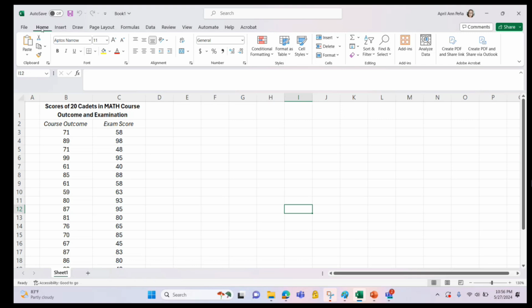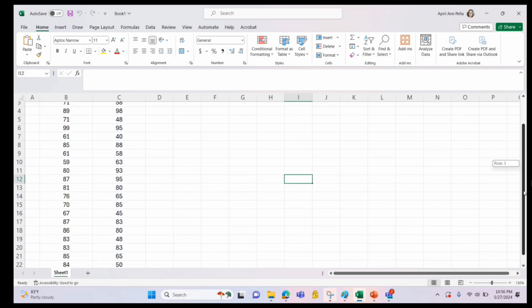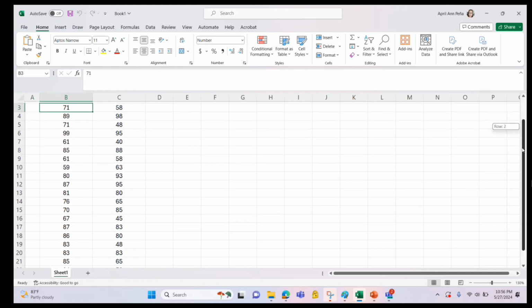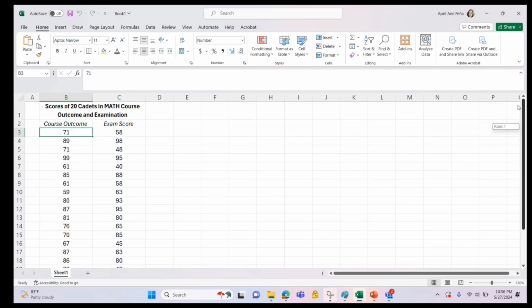Class, before you use Excel in correlation and regression, you need to see to it that you encoded the data. So you should have two sets of data. Actually the data are already here, the scores of 20 cadets.